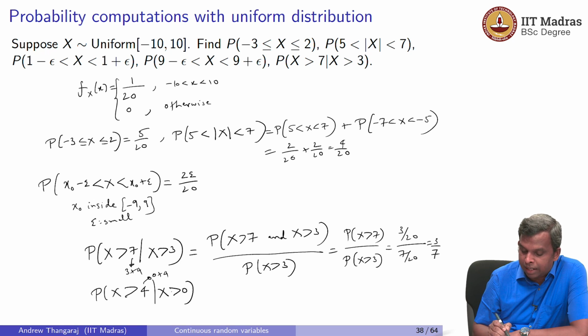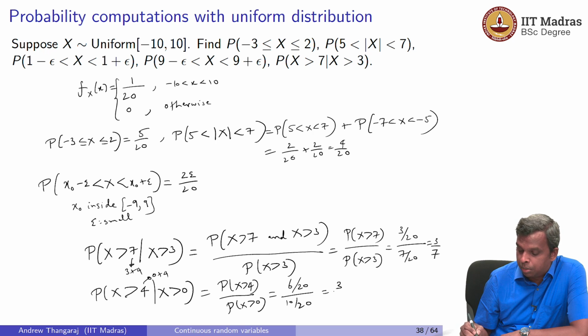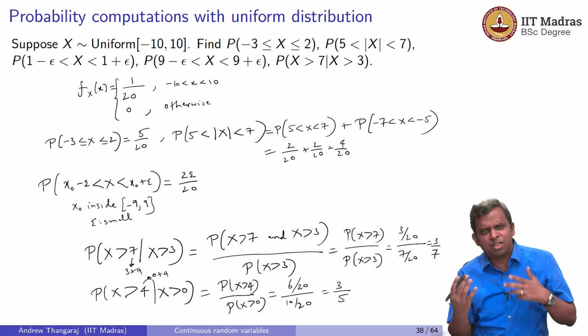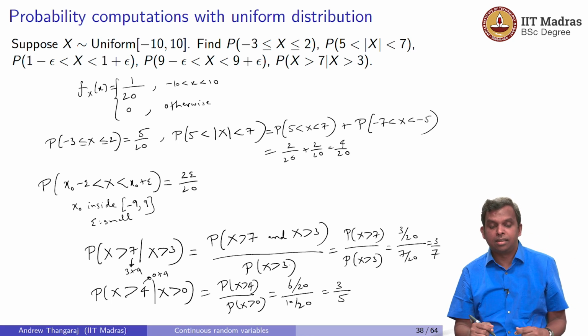Likewise, given x is greater than 0, what's the probability you're going to be 4 away from 0? If you do the same calculation here, you get the probability of x greater than 4 by the probability of x greater than 0. This is 6 by 20 by 10 by 20, 6 by 10, or 3 by 5. So different probabilities like this, you can think of conditioning and get them.